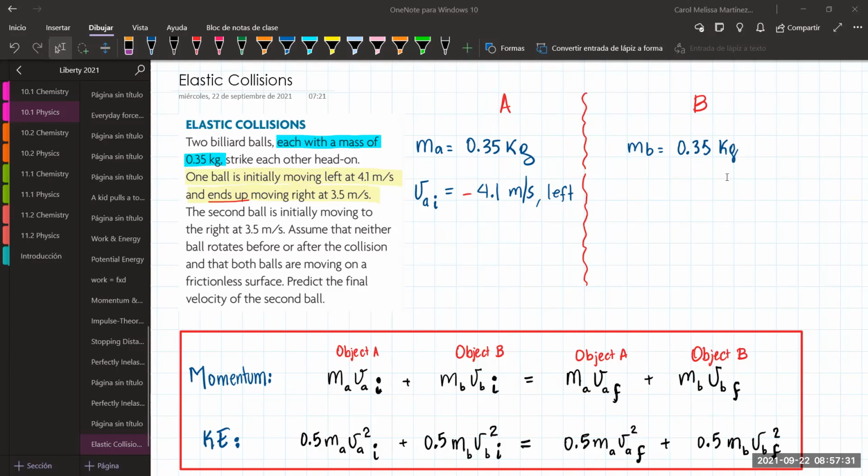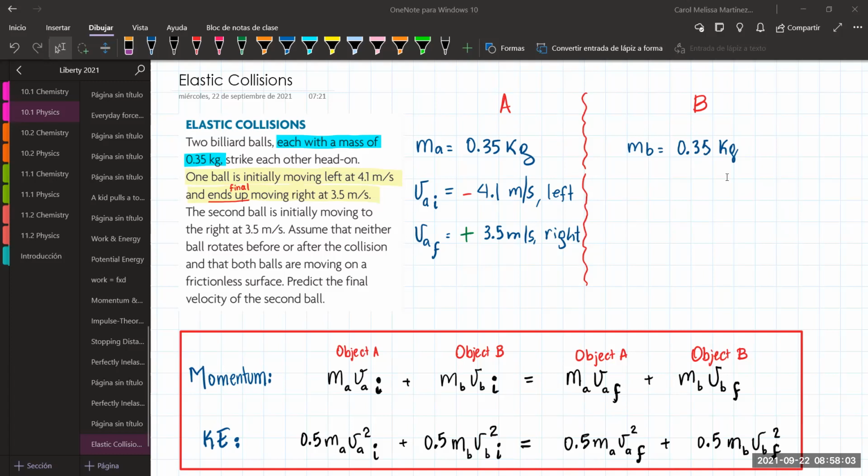It was initially moving at 4.1 and in the end it moves at 3.5. Okay, so the words ends up, you can write them as final condition of that velocity. So the velocity of this object A, but after the collision, is 3.5 meters per second to the right. And because it's to the right, it's going to be positive.